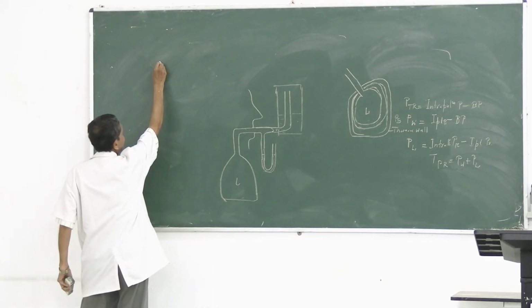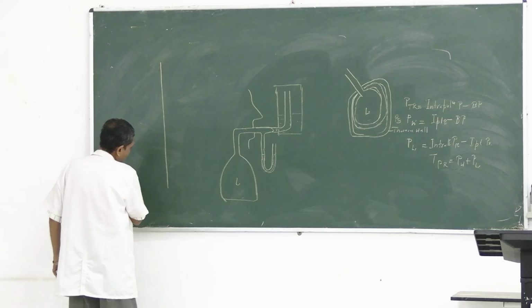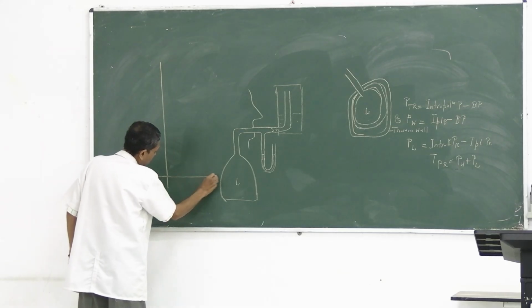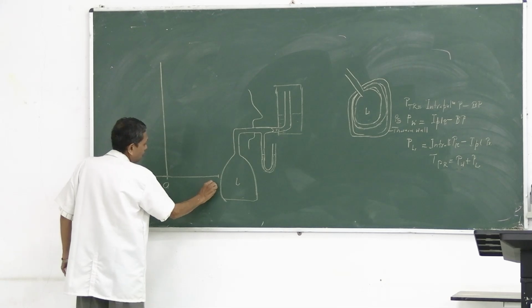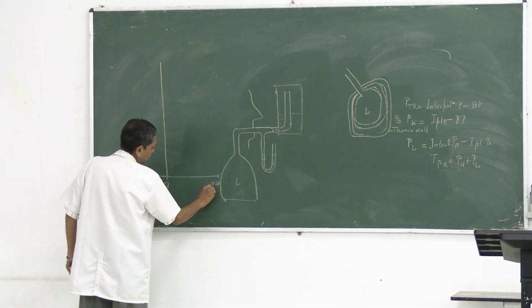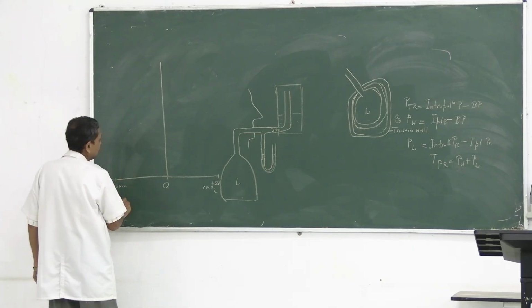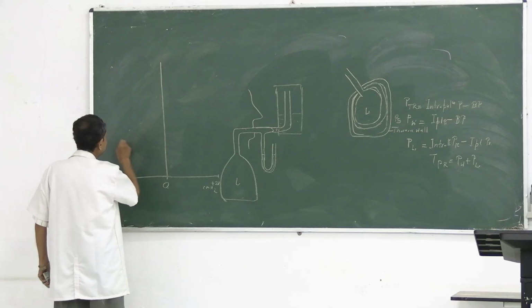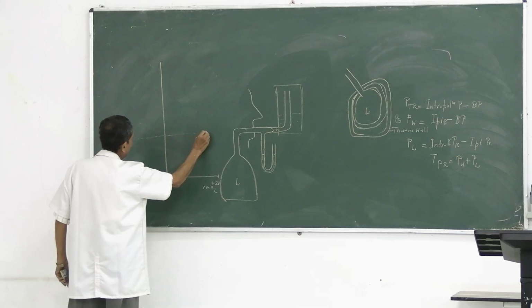Suppose a vertical straight line is drawn, and it is the zero level, zero pressure. This is plus 20 centimeter of water, and this is minus 20 centimeter of water. You will find that this level is greater than 2 liter or so.